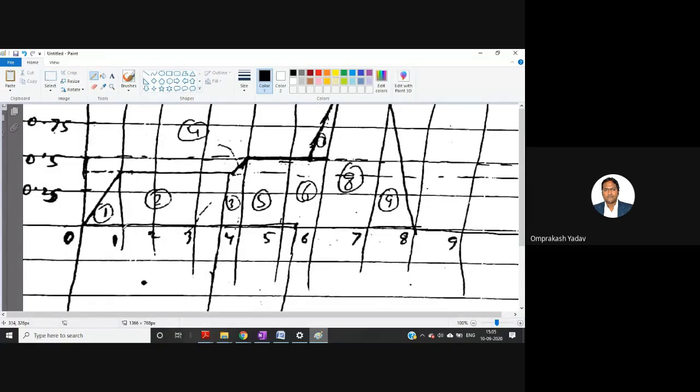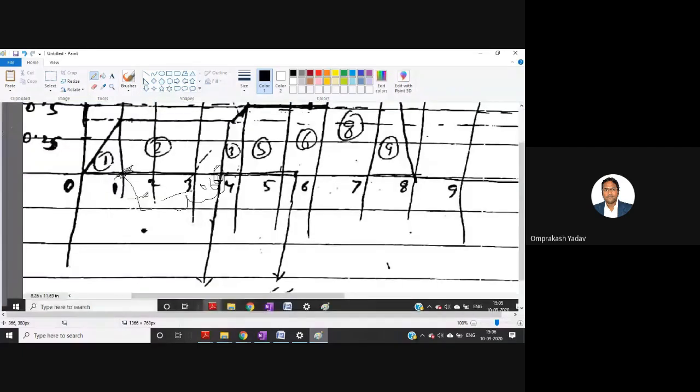This second figure is from this point till this particular point. From here, how much is the distance? This is 1 unit, this is 2 units, and from 3 it's 0.6. So the total will be 1 unit, 2 unit, 2.6.